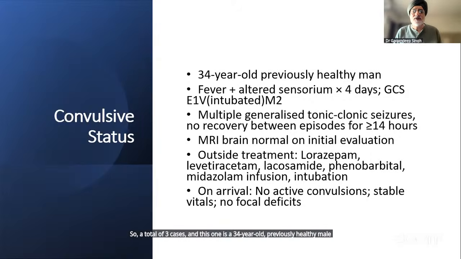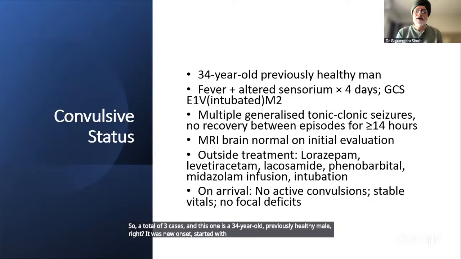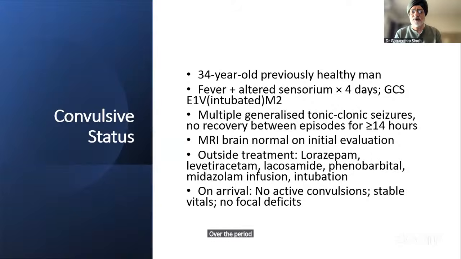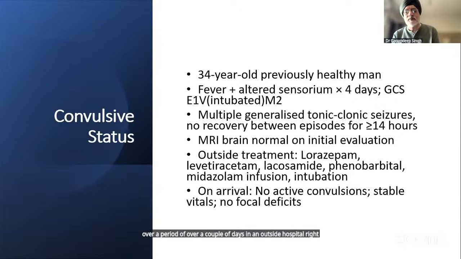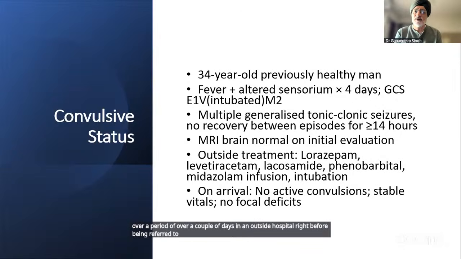It was new onset, started with fever, altered sensorium for 4 days, and during this period, he had multiple generalized tonic-clonic seizures over a couple of days in an outside hospital, before being referred to our hospital.